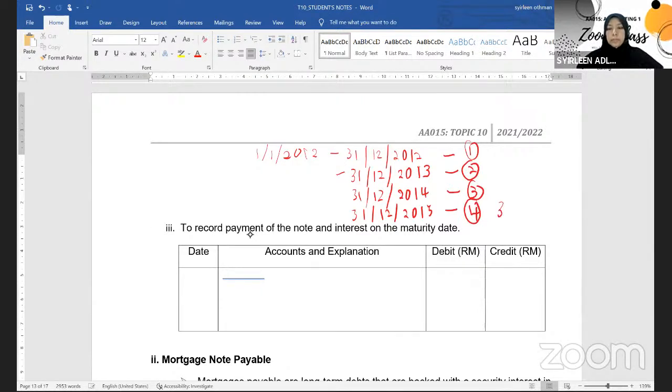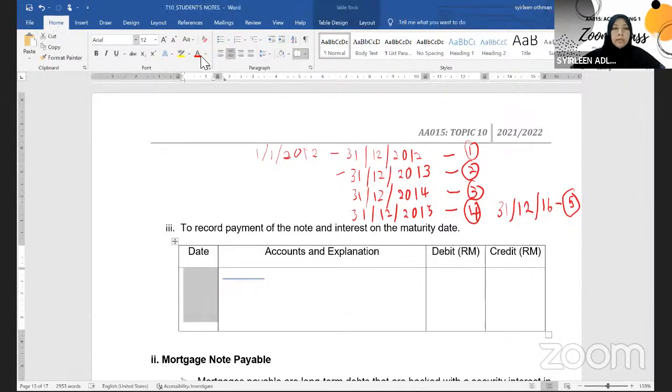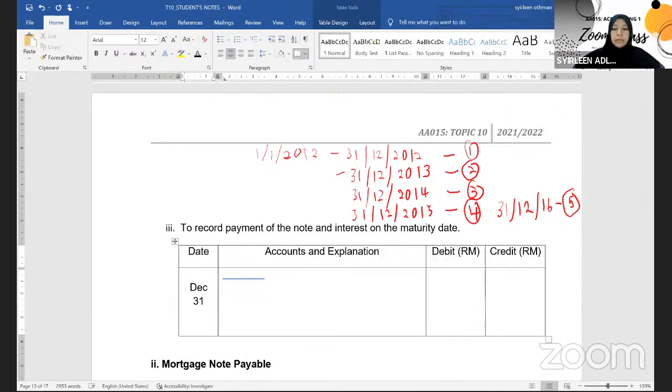So on the 31st of December 2016, that will be your 5th year, and the date of the maturity date is 31st of December 2016. Okay, so this is how we come out with the date for your maturity date. So kamu punya maturity date is on 2016, December 31st.